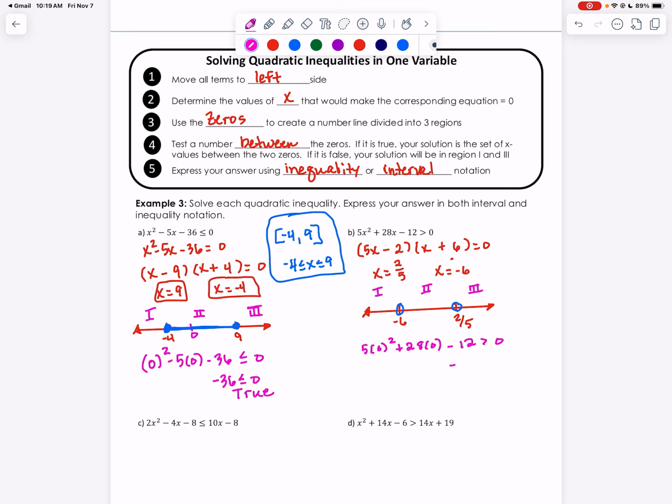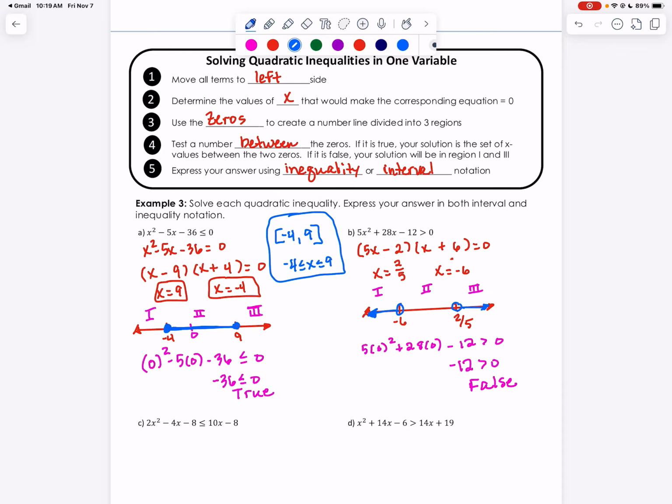So what I end up with, negative 12, is negative 12 greater than 0? No, negative 12 is smaller than 0. So this is false. So if your answer is false, that means your solutions are in region 1 and region 3.